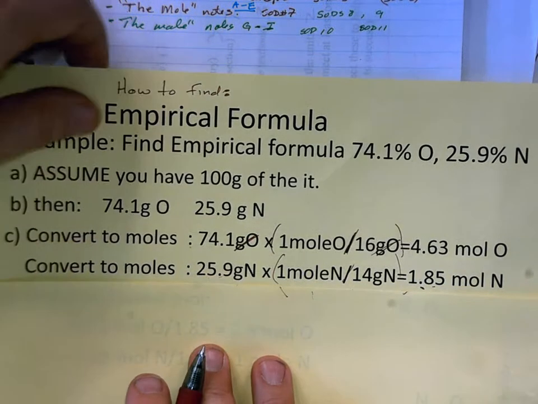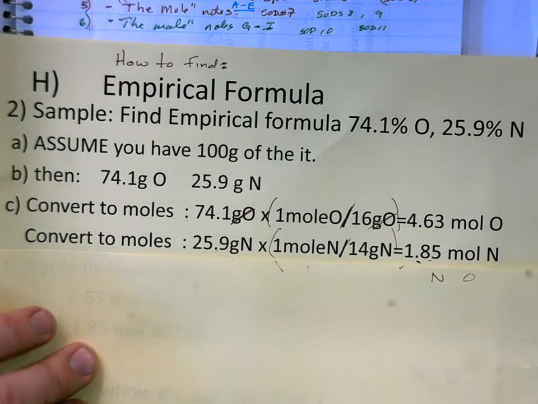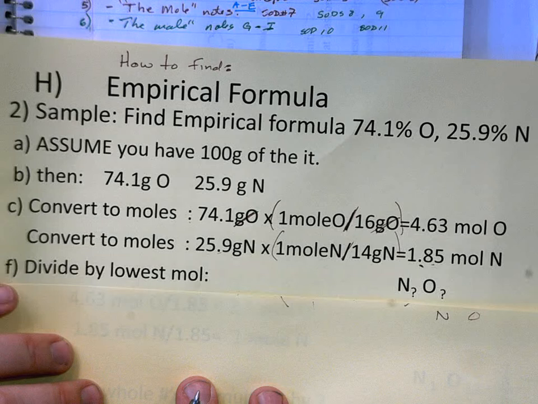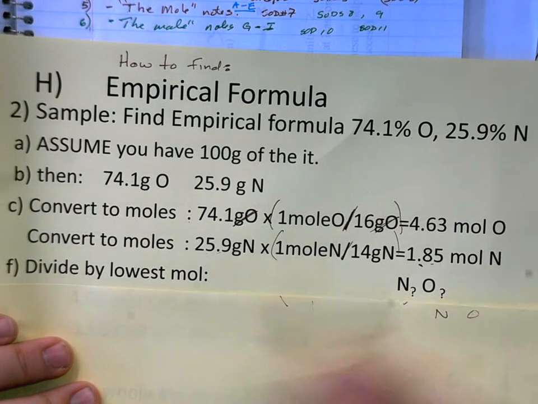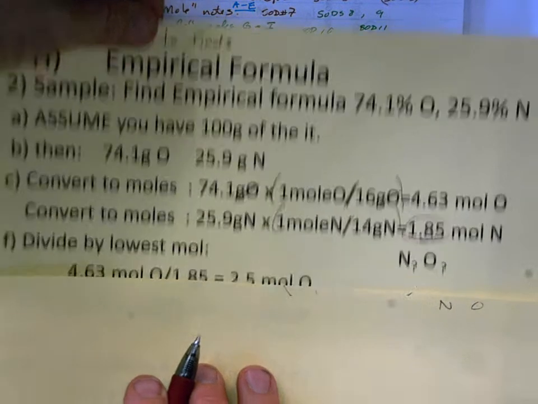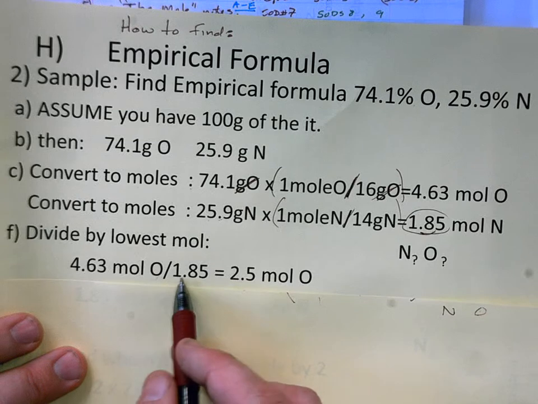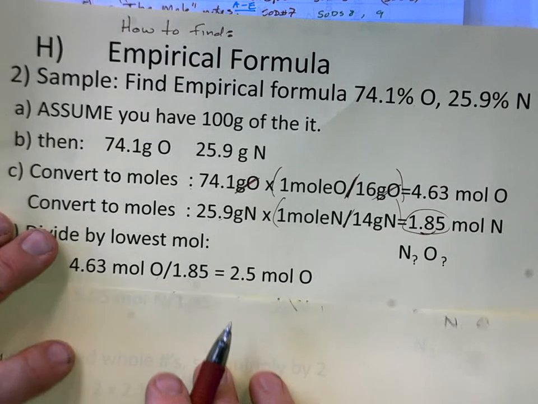So at this point, we know we have nitrogen and oxygen in this compound. We want to find the ratios of those to get our empirical formula. So we divide by the lowest number of moles, which in this case is 1.85 moles of nitrogen. 4.63 moles of oxygen divided by 1.85, we end up with 2.5 moles of oxygen.